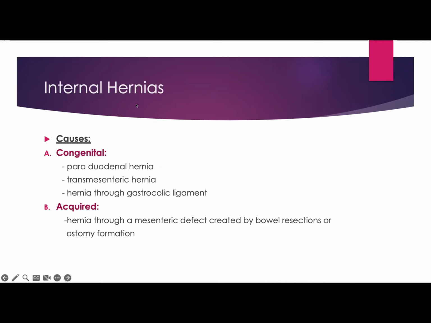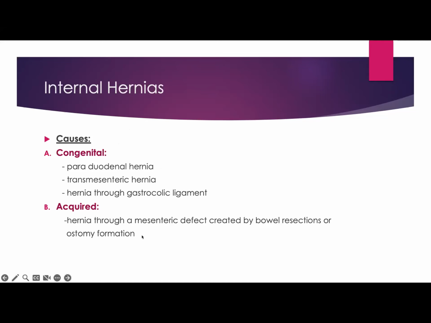Finally, we have the internal hernias. So with internal hernias, just remember that they're not involving the abdominal wall anymore. However, it's inside the abdominal cavity. So it's a migration of certain organs from one space into another inside the peritoneal cavity.